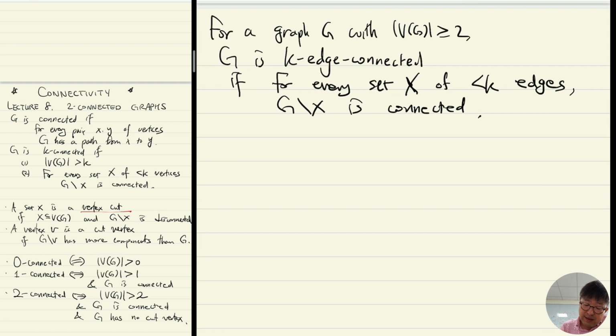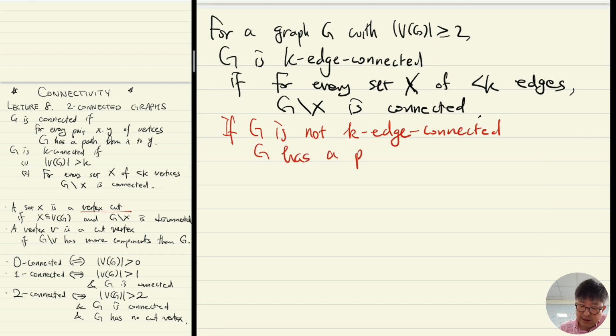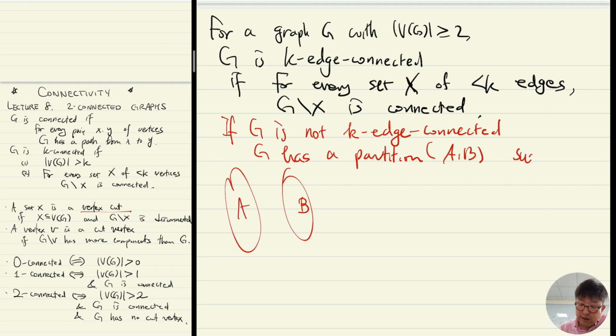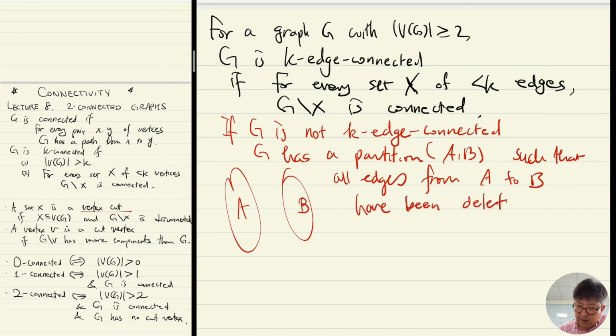But can we simplify that? So how do we make a disconnected graph? If G is not k-edge-connected, then G has a partition A, B such that all edges from A to B have been deleted, right?